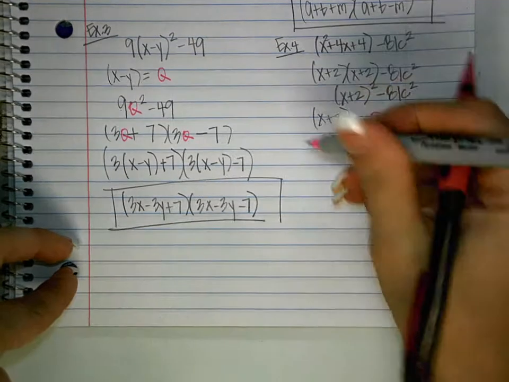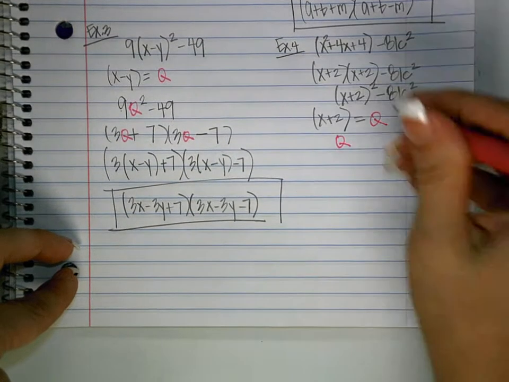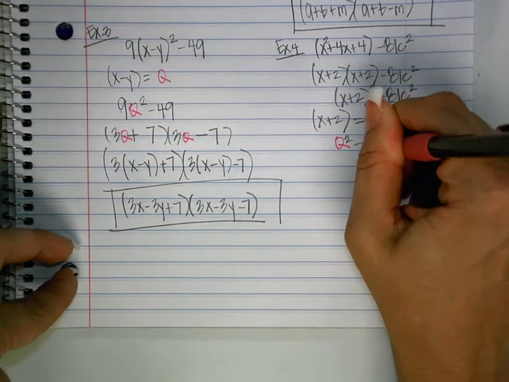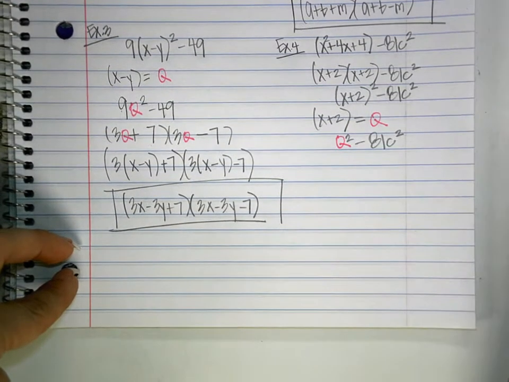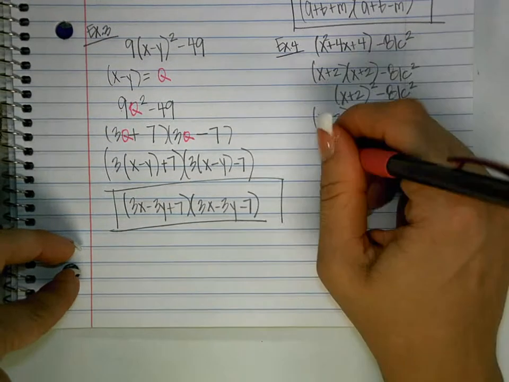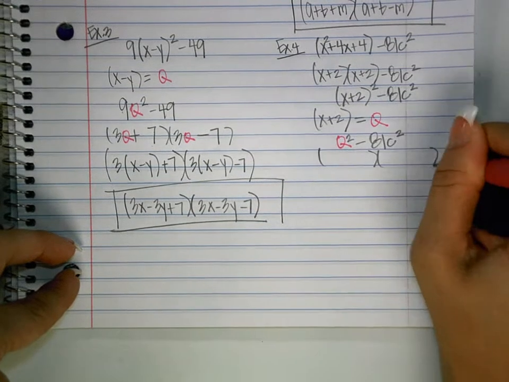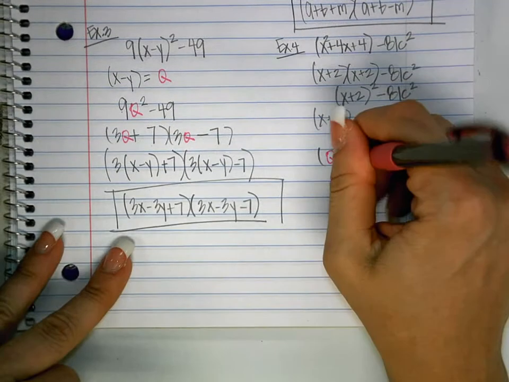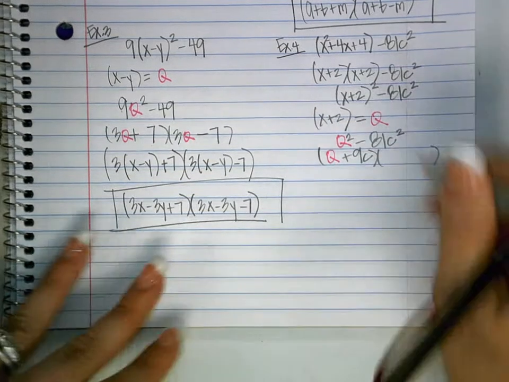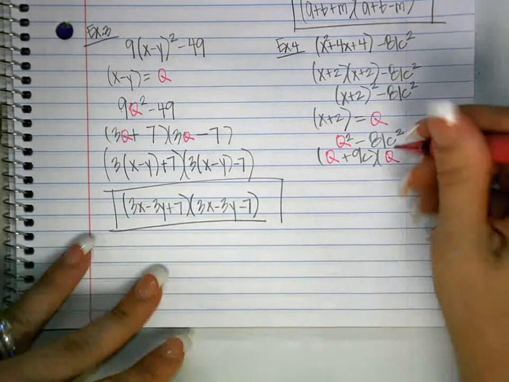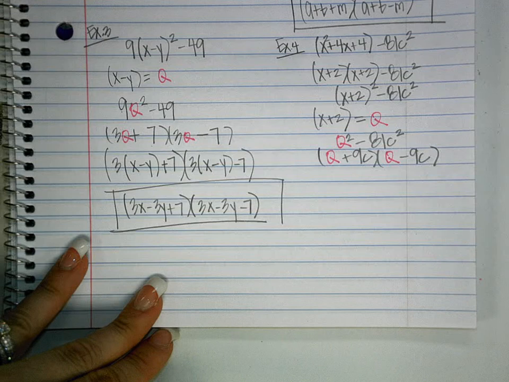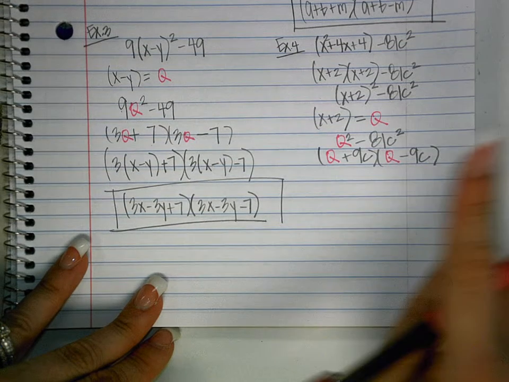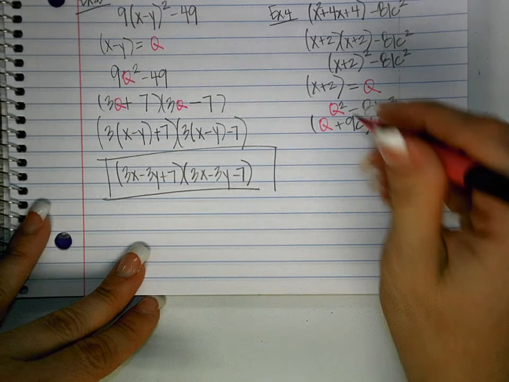Then rewrite this, so this is q squared minus 81c squared. That will factor, that's still a difference of squares. So that factors to give you (q plus 9c) and (q minus 9c). Now that it's factored, now you're going to plug back in.